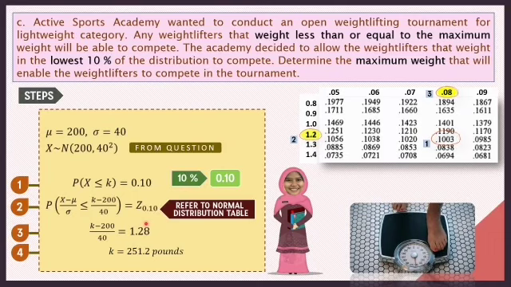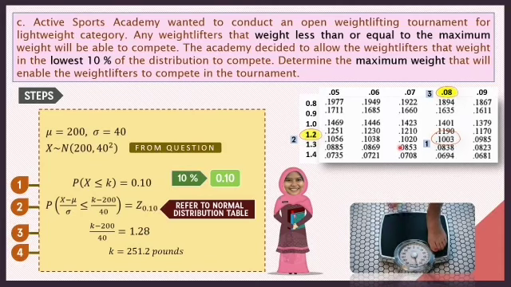To know the value of z, we can look at the normal distribution table here. The probability given is 0.10, so we need to search for the nearest probability value. For this question, the nearest probability value that we can find is 0.1003. Next, to know the value of z, we need to look at the column and the row.